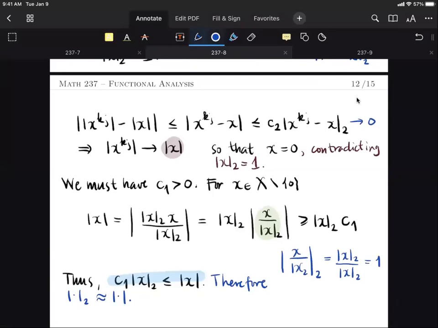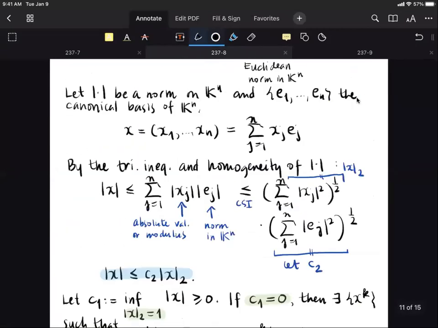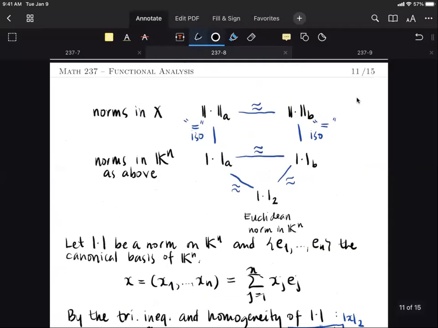And that ends the proof as we have discussed a while ago. In other words, any norm in Kn is equivalent to the Euclidean norm. Therefore, by transitivity, any norms in Kn are equivalent. And applying our isometric isomorphism, this would imply the equivalence of all norms in the finite dimensional vector space X.